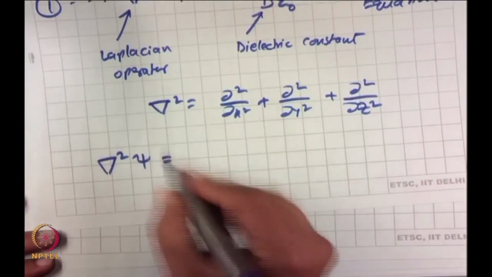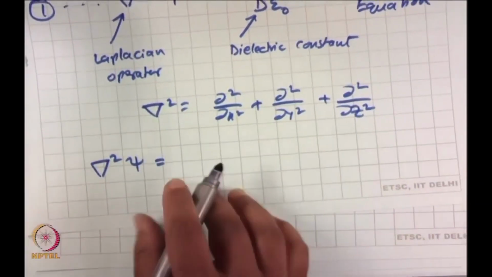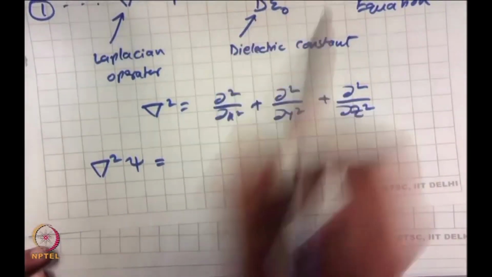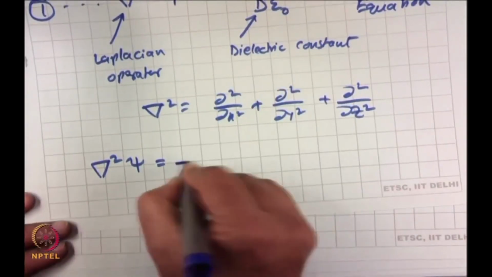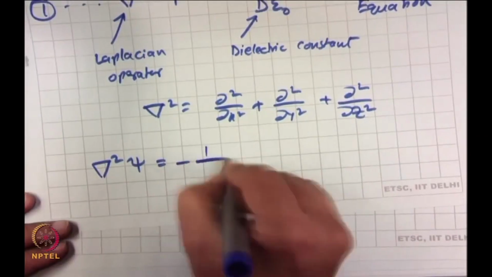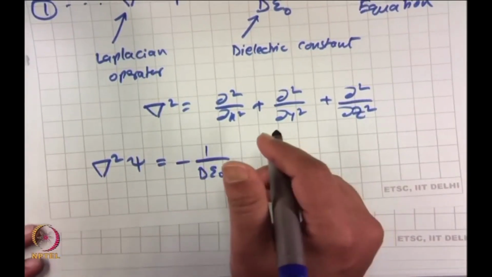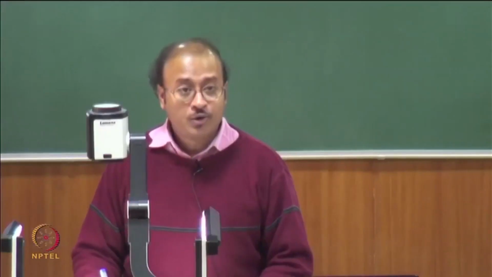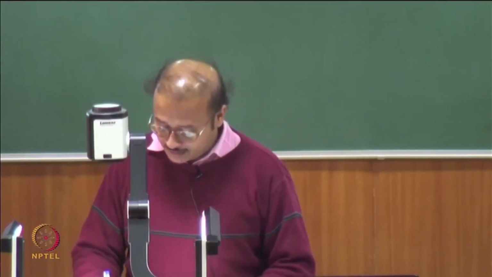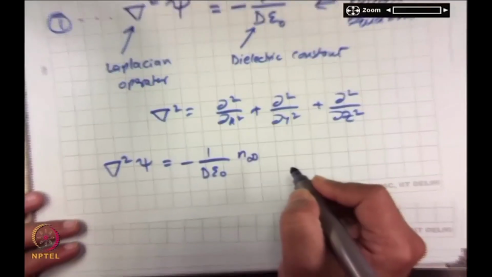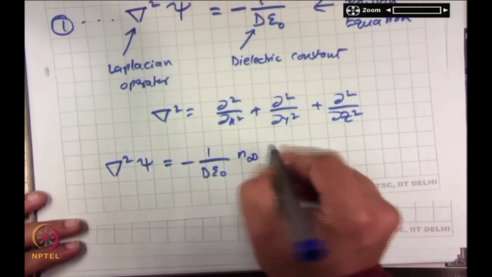So, then del square psi is equal to, now there is a minus sign, well we will take the minus into consideration. So, I can write it as 1 by d epsilon 0, right, and then what can I express this one as? This rho I can express as, I can take n infinity outside, then what am I left with?